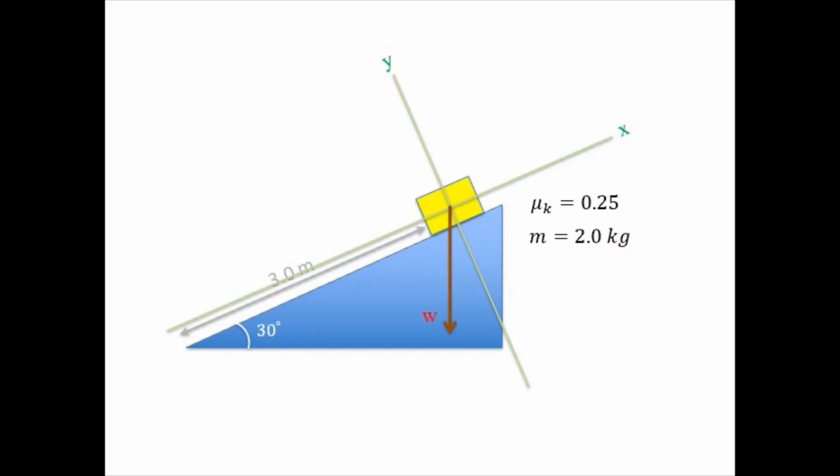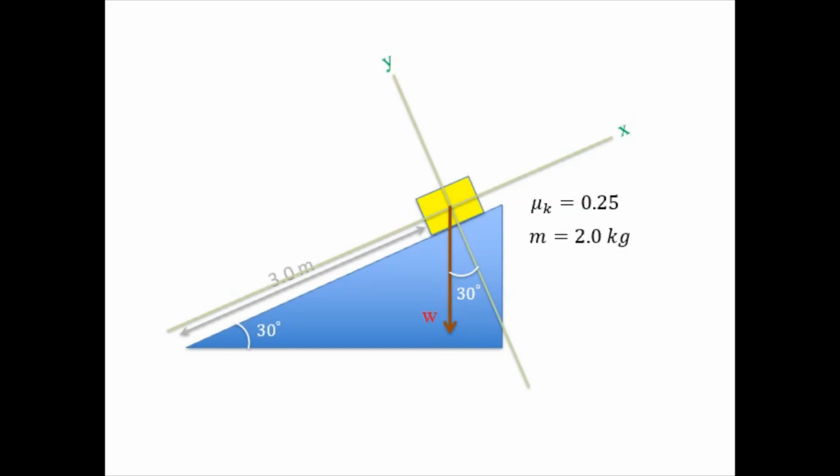Then I start labeling my forces in. They didn't tell me I was on planet Earth, but the assumption is I'm on planet Earth, and that's really the thing that's going to cause the block to slide down the hill here. And so I label that in as my vector W or F sub G, as your book likes to use, for the force of gravity or the weight acting on the object.